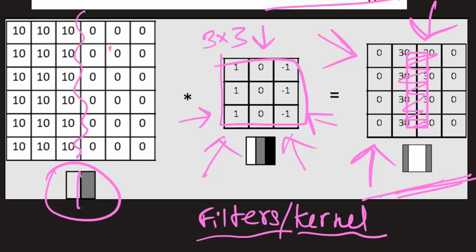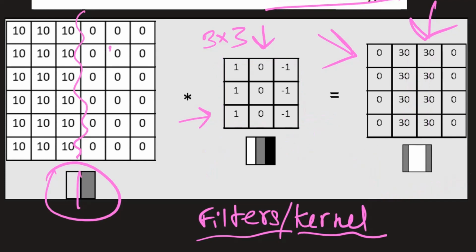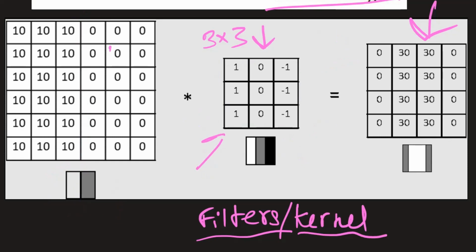Similarly, we can have a different type of filter that will be able to capture a horizontal edge. So let me show you how that filter will look like. Let me erase all this very quick. So this was the filter that we were using in order to detect the vertical edge. Now we can have a filter that looks like this.